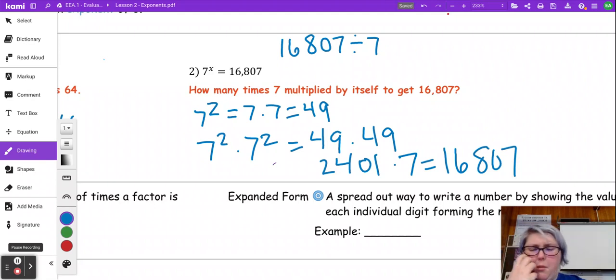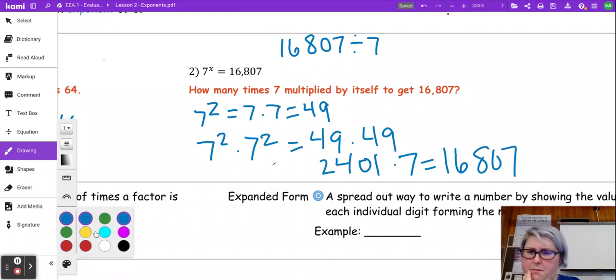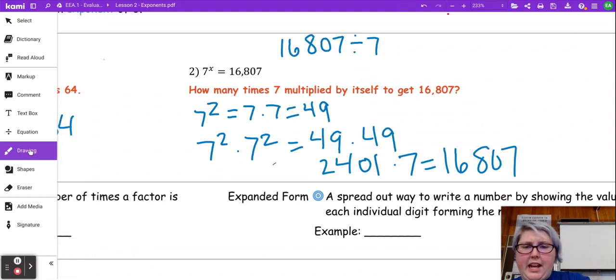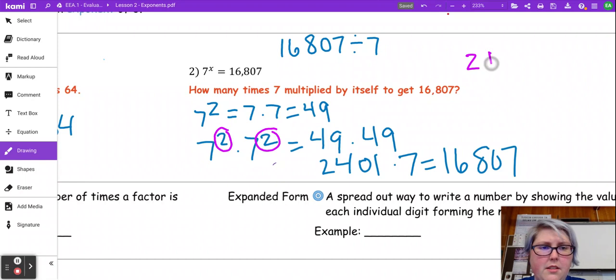But wait, how many times did we multiply 7 by itself? Okay, let's go through. We had 7 squared and we had 7 squared. So I know that is 2 plus 2. And then we had this 7. There was 1.